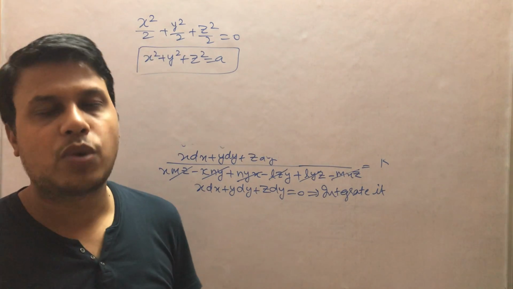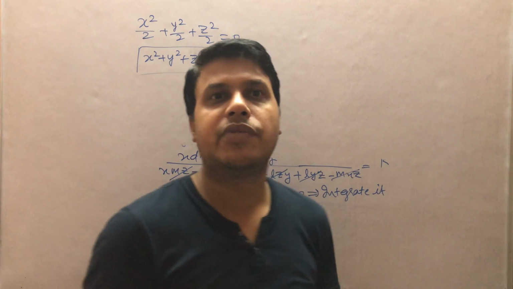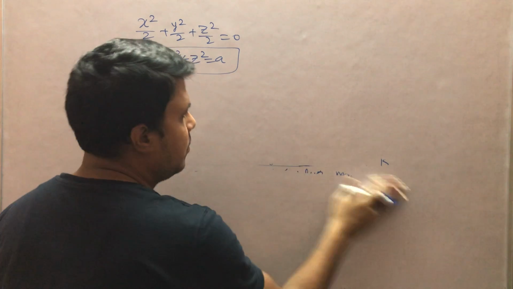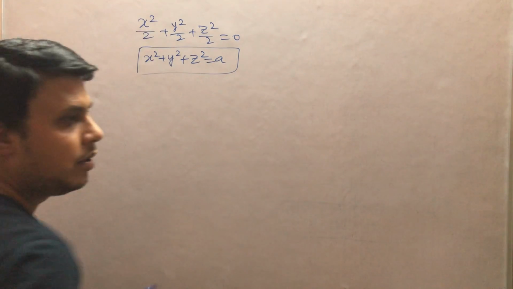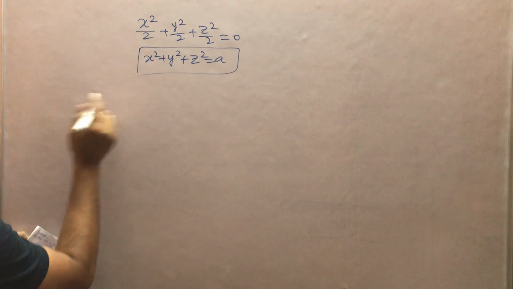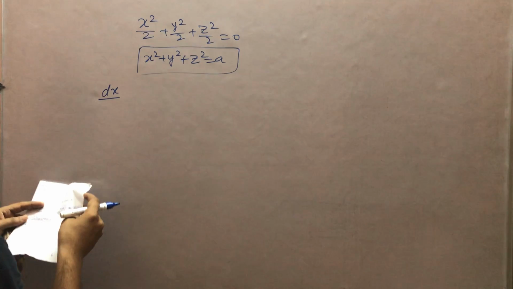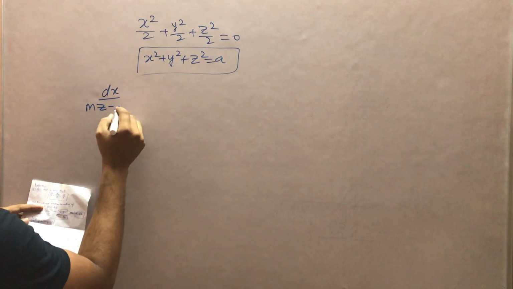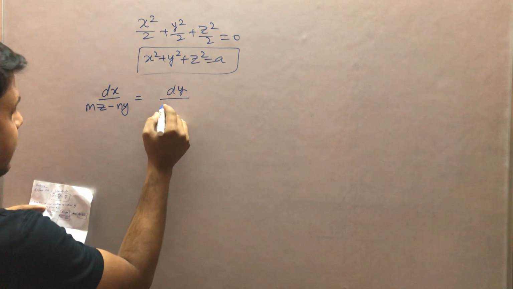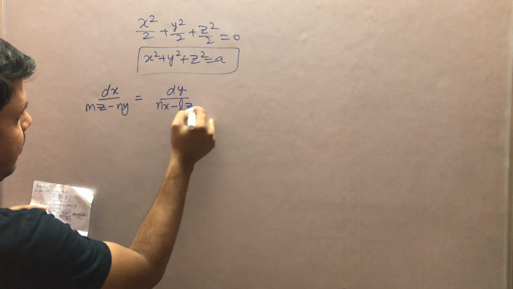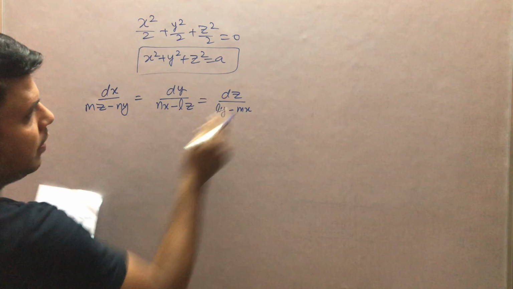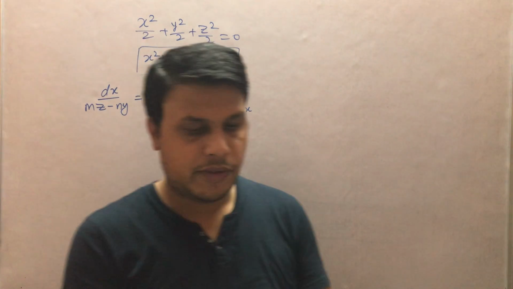So that means we have to solve the auxiliary equation one more time in a different manner. So again, our auxiliary equation was... I have only the question, no solution actually, and I have the final answer only.